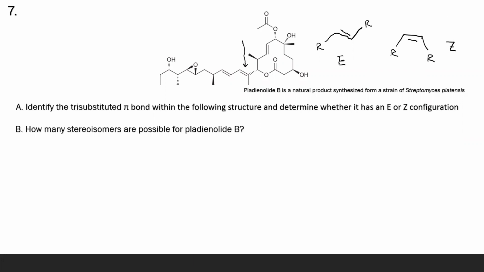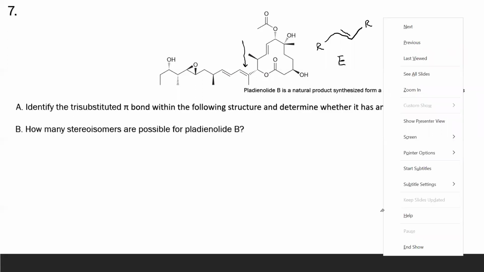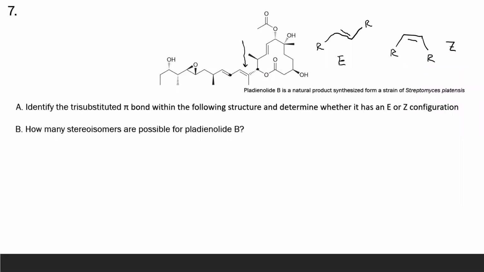And in this case, what you want to do is look at the substituents and figure out which one is more substituted. So in this case, this guy here and here are the two more substituted substituents that are connected to that alkene. And so the configuration in this case is going to be E.